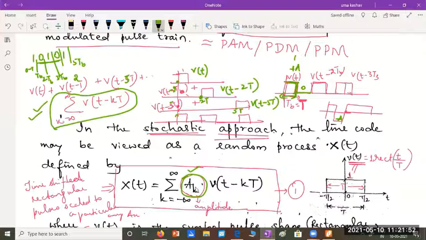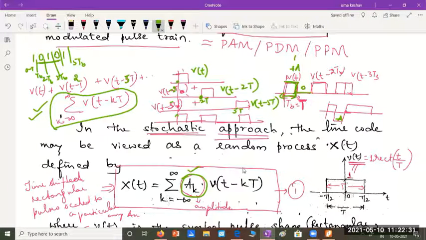So the amplitude scaling factor in the rectangular pulse train, if it is included, I can either generate a unipolar line code, I can generate a polar line code or bipolar just by multiplying the time shifted rectangular pulse with a particular amplitude. Is that clear?